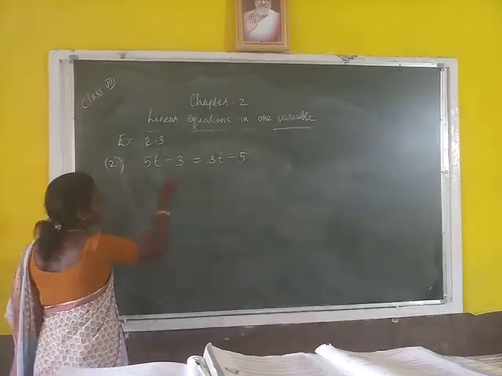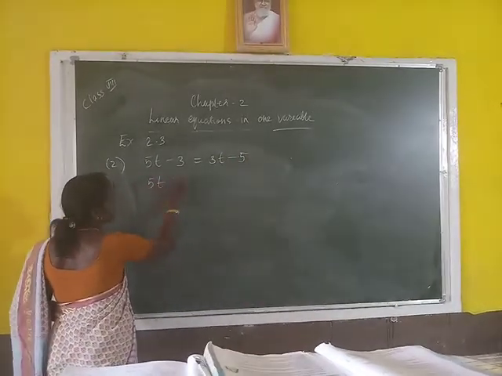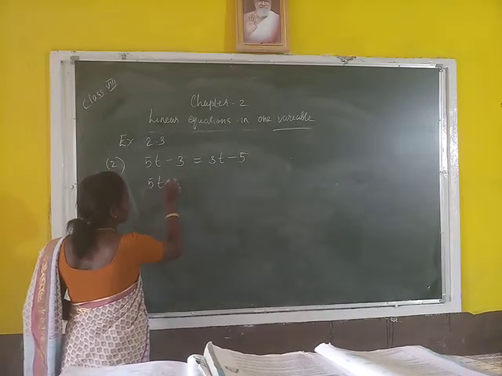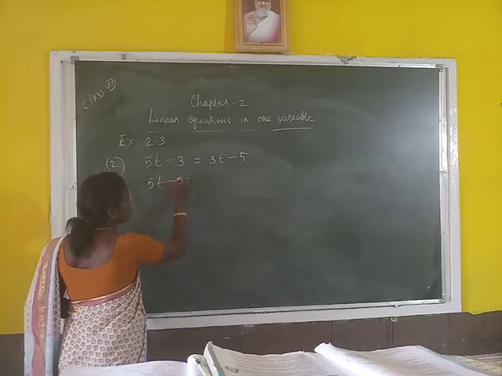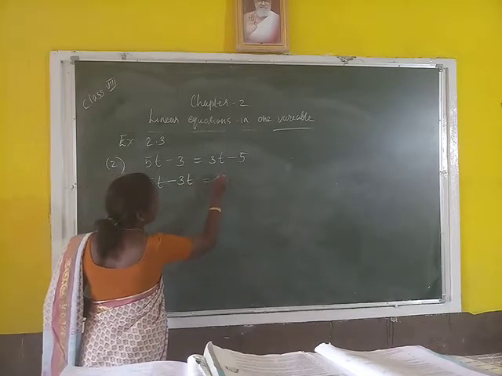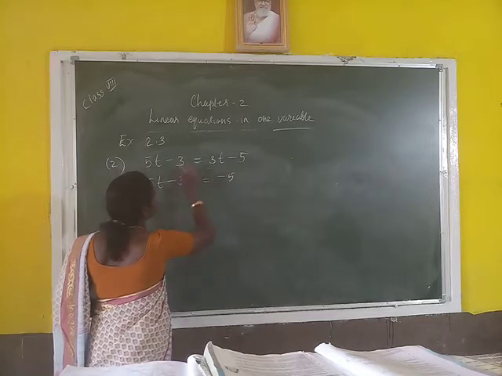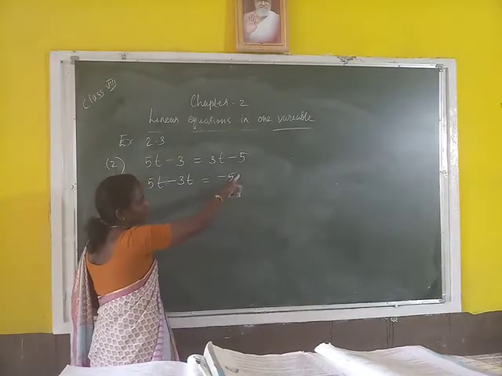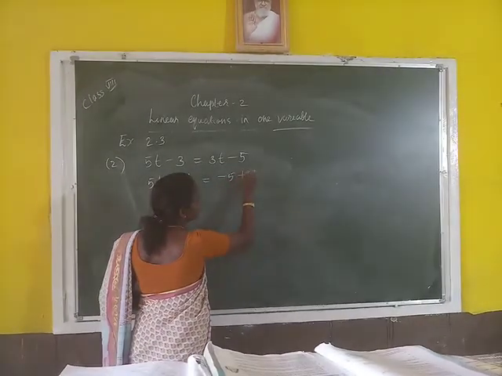Then the variables we can write on the left side, 5t. This 3t goes to which side? LHS side. So positive changes into negative 3t, and it is equal to the right side, negative 5, and this positive 3, positive 3 goes to the right side and the sign will be changed.